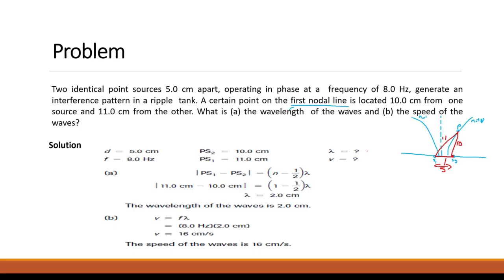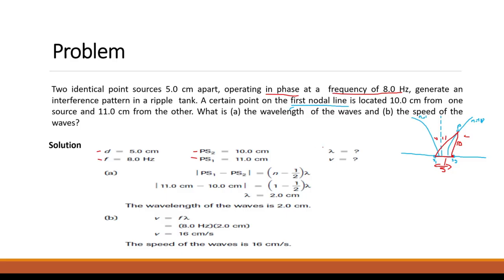So we have our PS2 is 10, as you can see from the diagram, and our PS1 is 11. So you write those down. The distance between the two sources is 5, so we have our d. We're given a frequency, and remember, they're both in phase, so they have the same frequency.